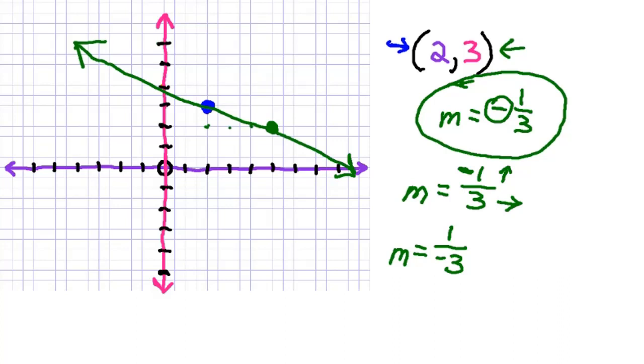So we already have our original point, 2 and 3, which is this blue dot. And now we're going to graph the line using the slope 1 over negative 3. So 1 is our rise and negative 3 is our run. So from the blue dot, we're going to go up 1, and our run, negative 3, means that we're going to go backwards 3. 1, 2, 3. And we'll have our dot right here.